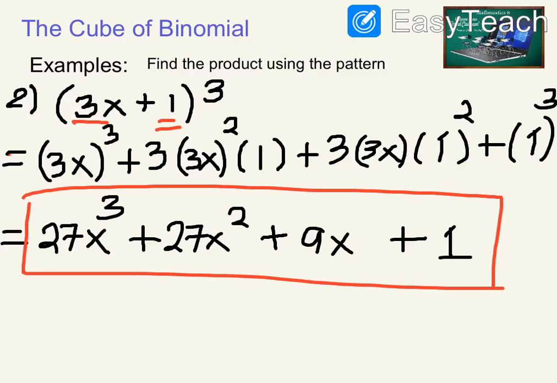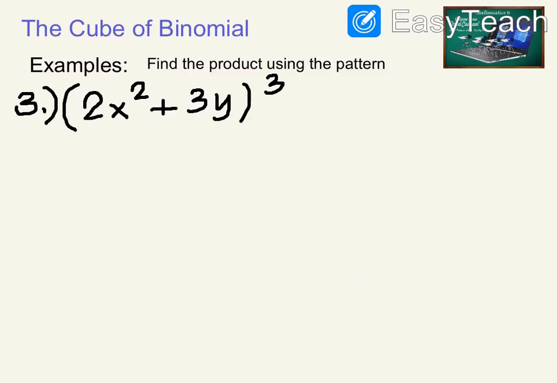Okay, next we have here 2x squared plus 3y all raised to the third power. So again, this is our first term here, and then this is our second term here. So again, make a pattern.